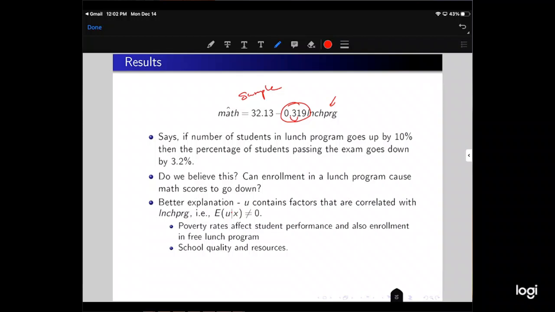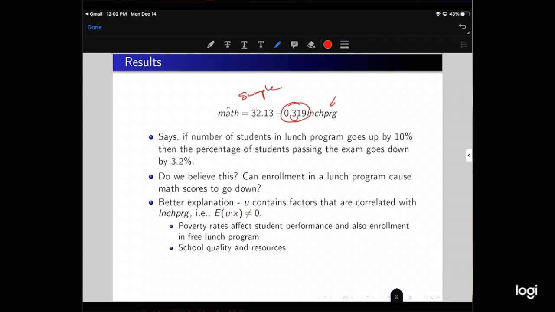But also, as the poverty rates go up, the parents of the children in those districts or in those classes are going to have less time to spend with their kids helping them with their homework, because those parents are probably working 2 jobs to make ends meet. Also, parents in poverty might have less education themselves, and so they don't necessarily understand the value of education or understand the material themselves. And so the students are more or less left to their own devices to pass the classes.